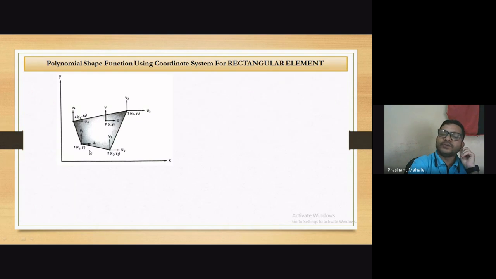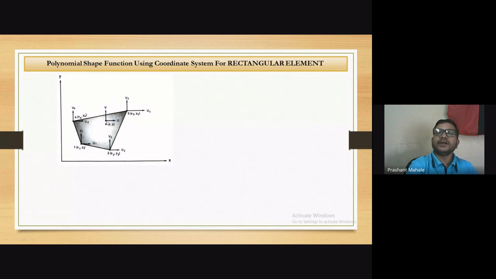So therefore, if I go for the displacement of node 1, node 2, node 3, and node 4, then they are going to be u1, u2, u3, and u4 in x direction, and v1, v2, v3, and v4 in y direction. Okay.